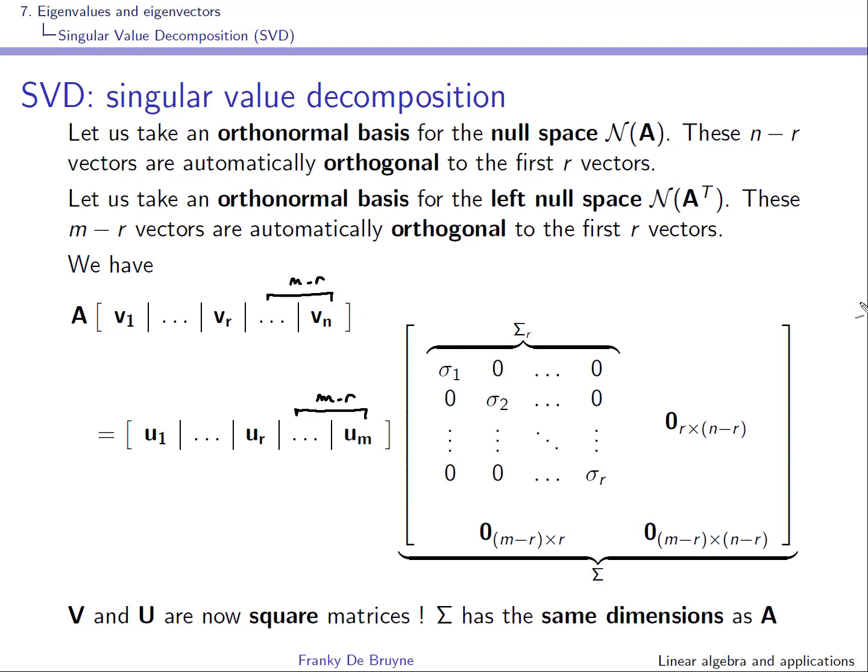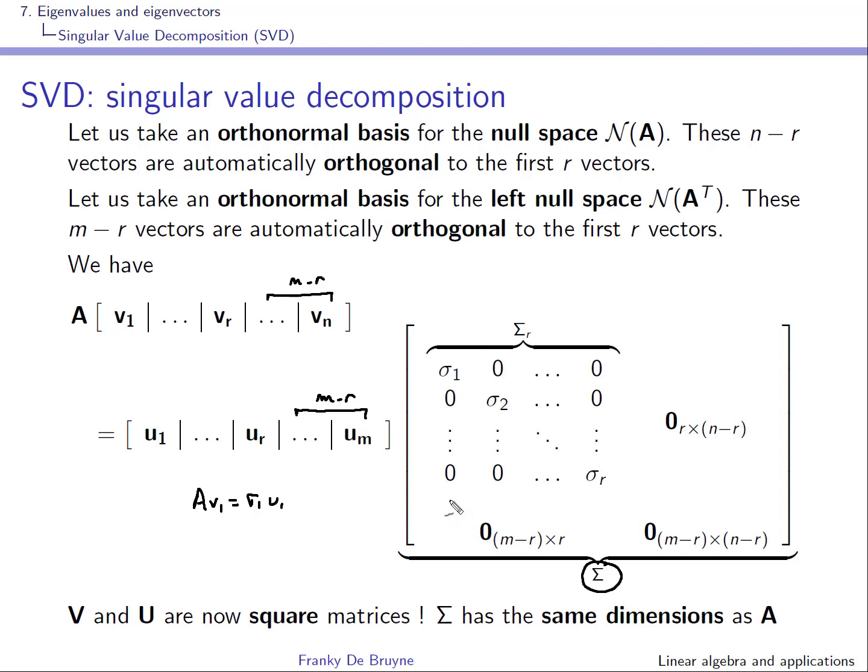It's easy to see that you need to adapt the dimensions of sigma over here. So remember that A v1 is sigma 1 u1, but now we have added here m minus r columns, so you need to add some zeros below here.